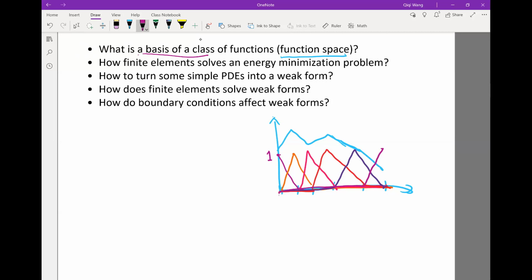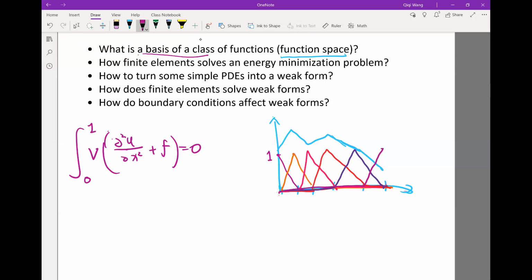A very similar procedure works on what's called the weak form of PDEs. We have discussed how to turn some simple PDEs into weak form with this equation. To turn it into weak form, I multiply this equation with a test function v. So v is another function that lies in the same space as the space of u's, and I integrate over the whole domain from 0 to 1, for example.